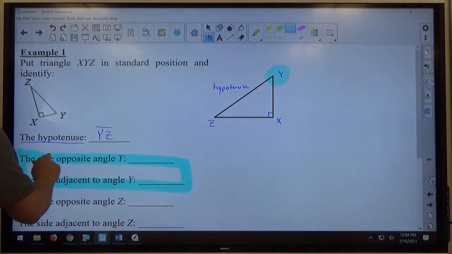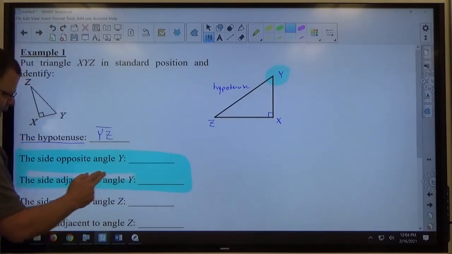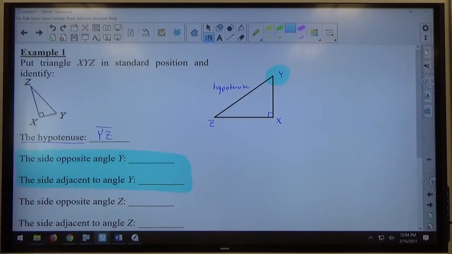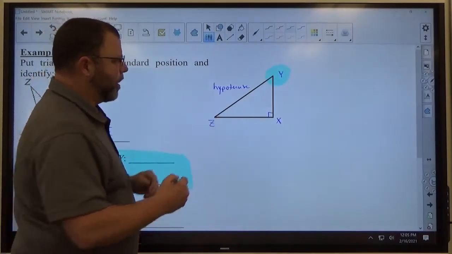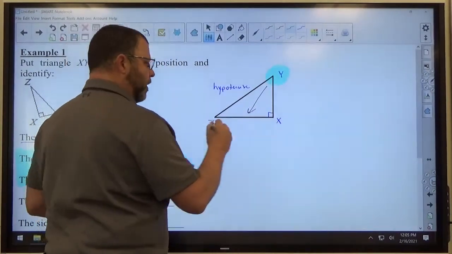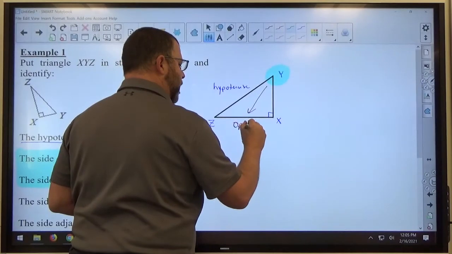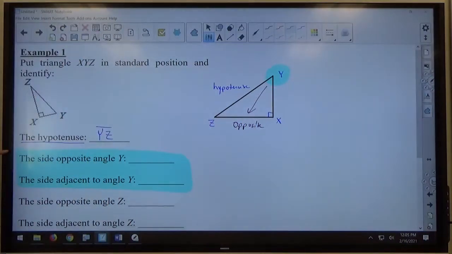I think most people get the idea of opposite better than they get the idea of adjacent. So what I usually do is I identify the opposite first. So if I'm hanging out here at angle Y, and I go across the triangle, so I'm at the acute angle and I go this direction across the triangle, that makes my opposite side to Y. So when it says the side opposite to angle Y, that side would be XZ.